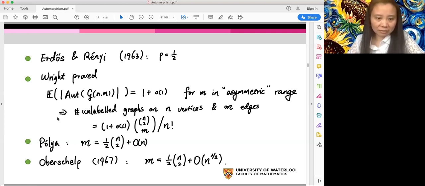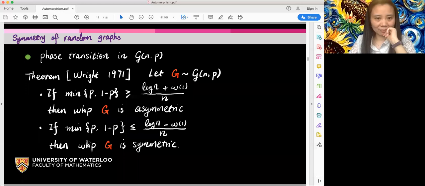Okay, so that's just a direct corollary of Wright's result on the study of the automorphism group. In fact, his paper really is about counting unlabeled graphs on n vertices and m edges. Earlier than Wright, there was a claim by Pólya of the same result as Wright's theorem, except he didn't try to say something so general over such a wide range of p.